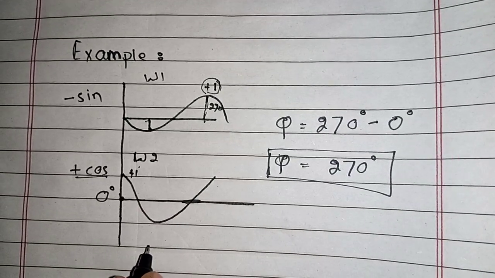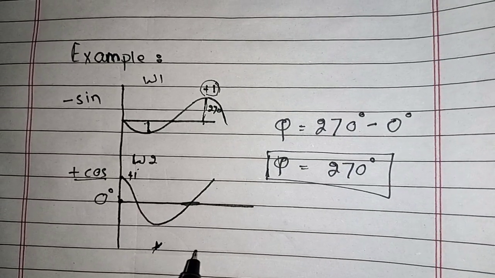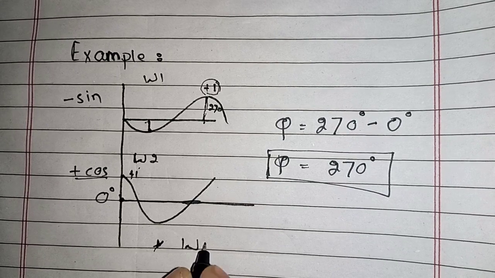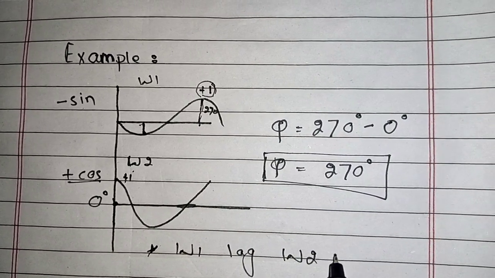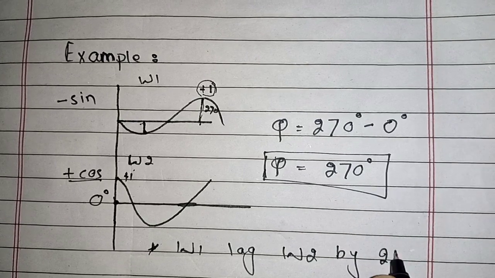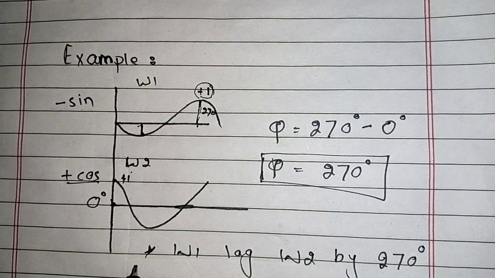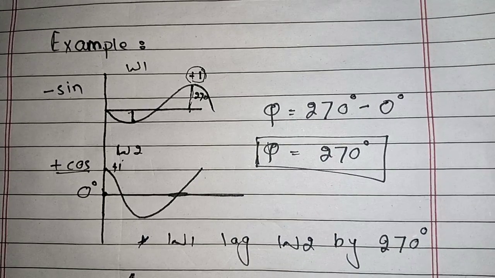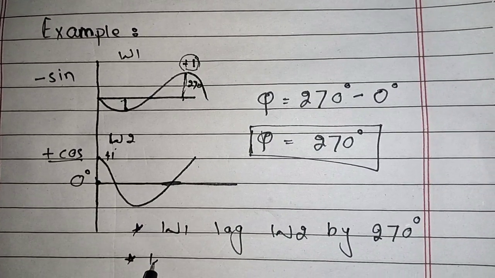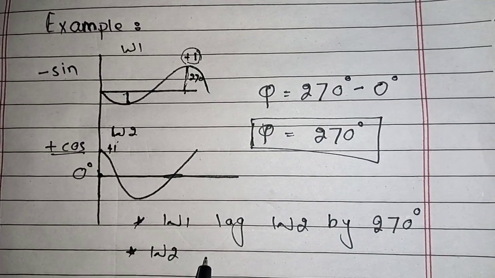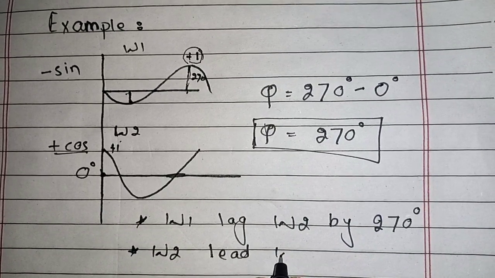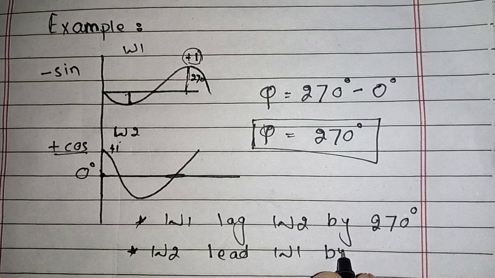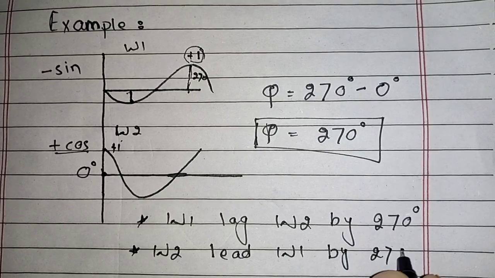So we again make the statement: wave 1 lags wave 2 by an angle of 270 degrees. Or we can also say wave 2 leads wave 1 by 270 degrees.